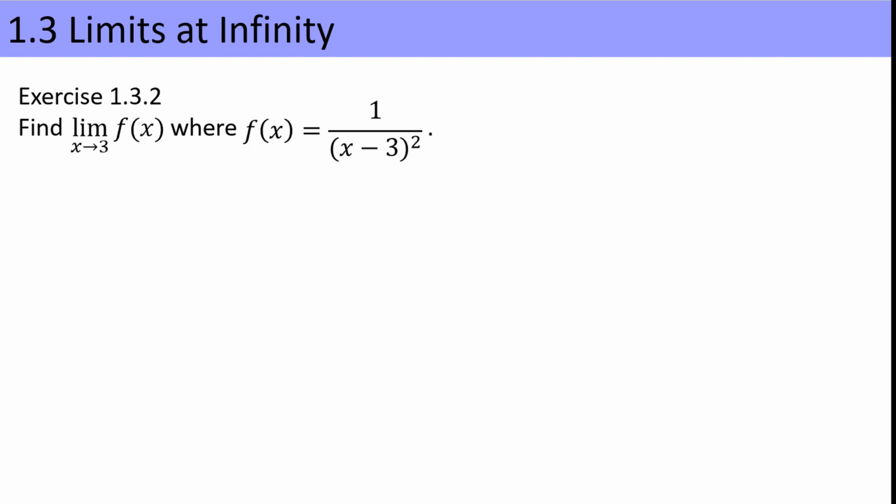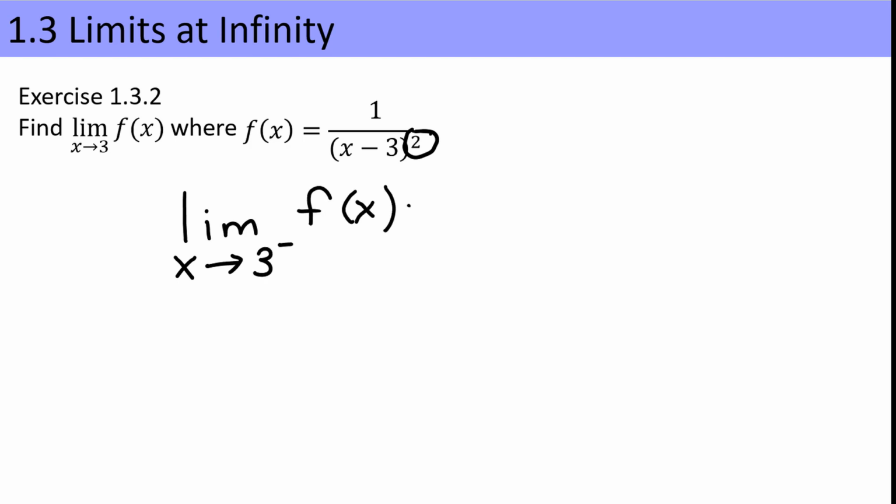The next example: find the limit as x approaches 3 of f of x, where f of x equals 1 divided by the quantity x minus 3 squared. This is very similar to the example we just completed. The key difference is the squared. When we square any real number, it's always going to be positive if it's not 0. So now we look at the limit as x approaches 3 from the left of f of x.